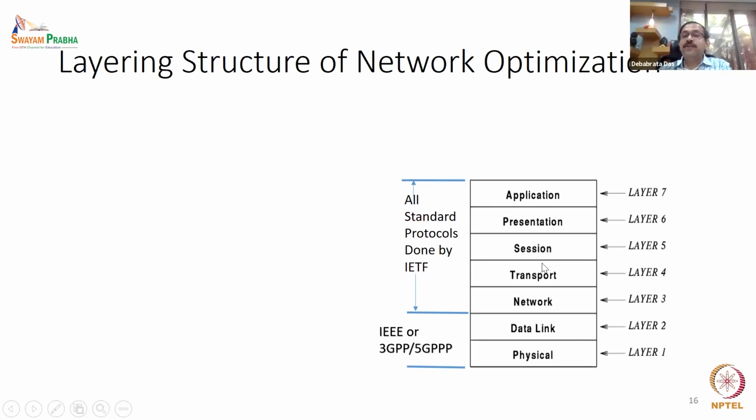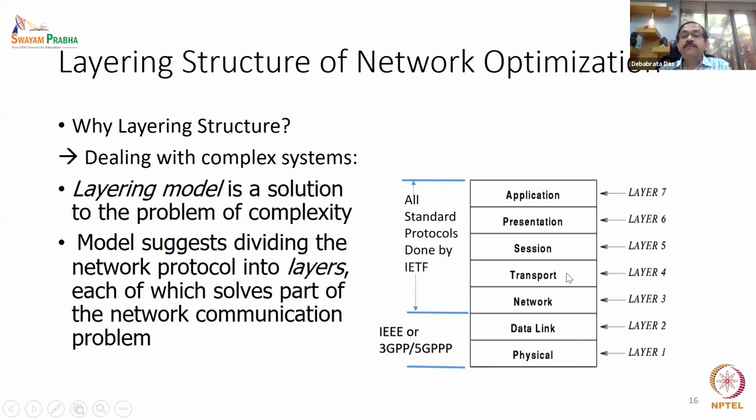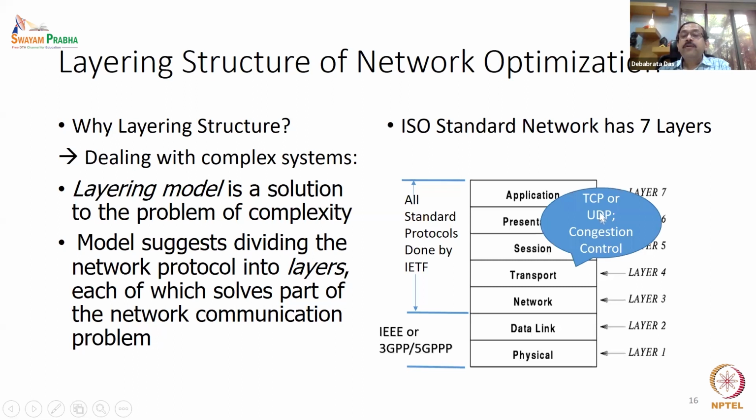So now look at this. If I want to invoke any application, it will come from the application layer to the presentation, the session, and the transport layer. In the transport layer, you have either TCP or UDP, and TCP has the same congestion control protocol. If I have a 1 millisecond delay application, it uses the same TCP and same congestion control. If I'm browsing, where 1000 milliseconds is okay, I'm using the same TCP and the same congestion control.